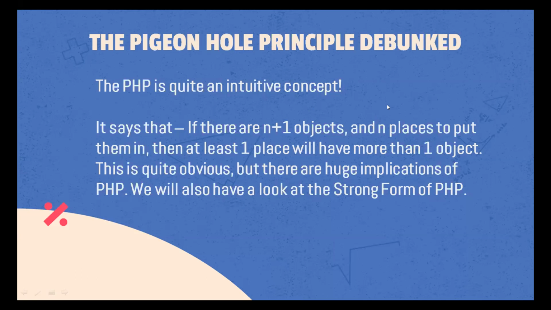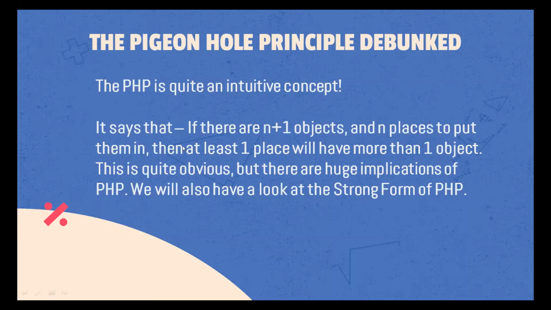The worst case would be that you place each object in a different container, so no two objects are kept in the same container. But when you come to the last object, you don't have any place to put it, so you have to put it in any one of the earlier containers. That is why at least one place will have more than one object.